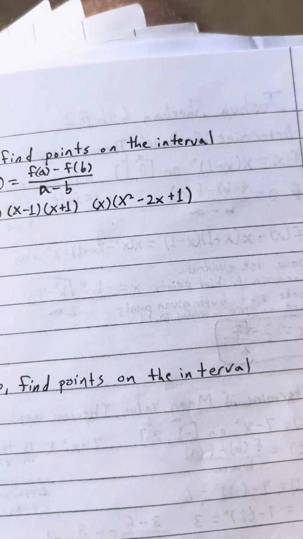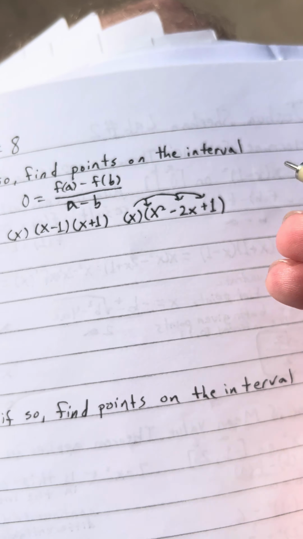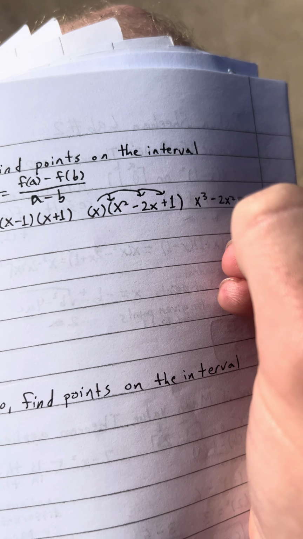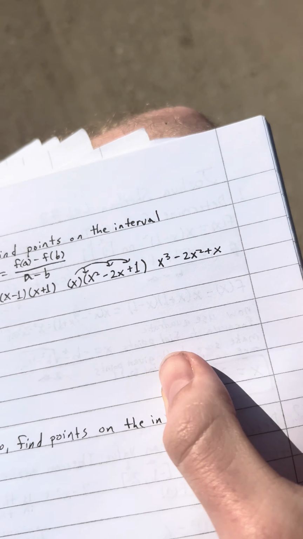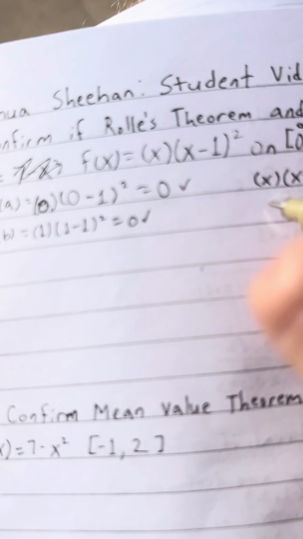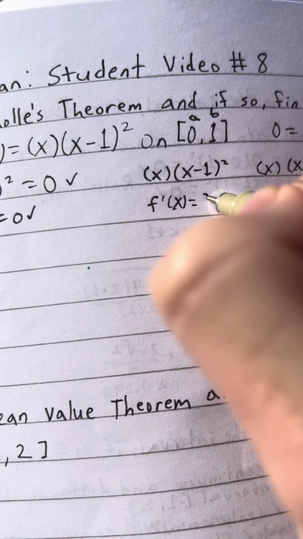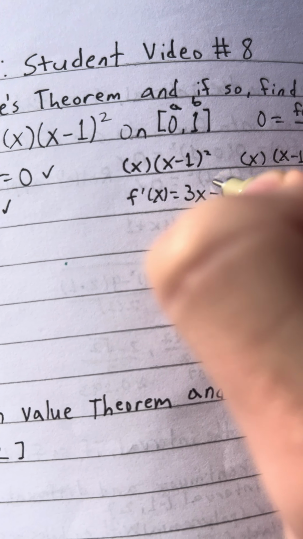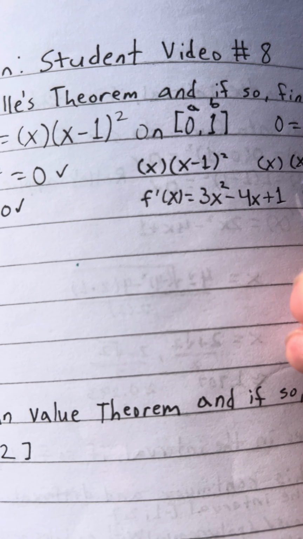And then from there, we will multiply that to get x to the third minus 2x to the second plus x. And then we will have our values once we take the derivative. So f prime of x is equal to 3x to the second minus 4x plus 1.